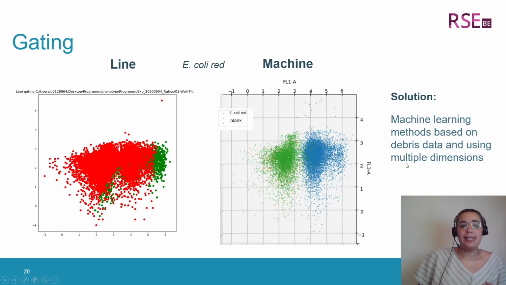And as you can see, here we have the same sample, but using two different methods, the line gating and the machine gating. The machine gating performs better than the line gating to identify cells. Here you have the two clusters, and here we can see that red cells are identified as debris.